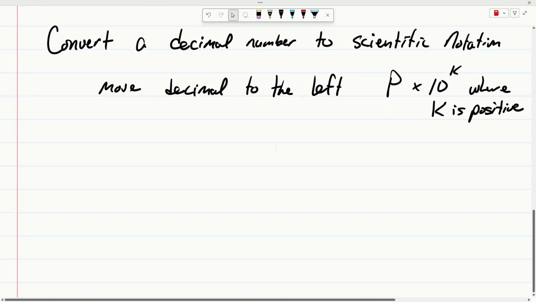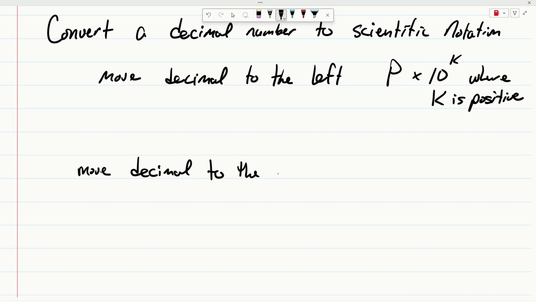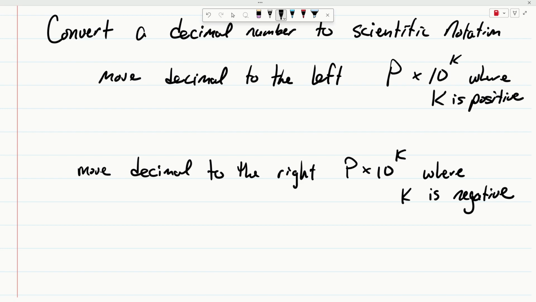And then if we move the decimal to the right, it's still going to be p times 10 to the k, where, in this case, k is negative. All right?